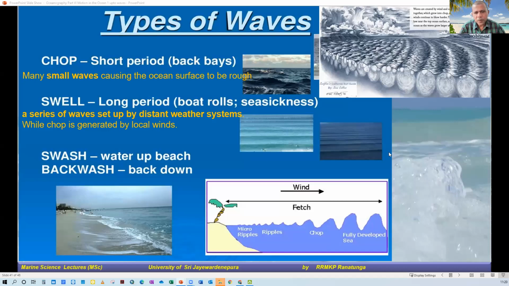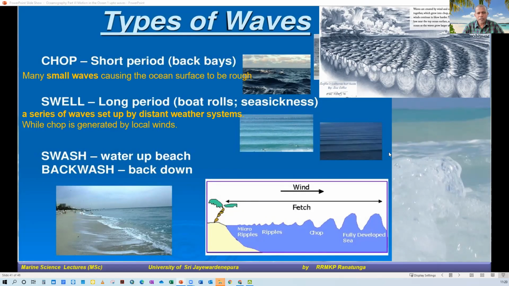Now, with that, let's talk a little bit further. Now we know these different types of breakers, but even the waves can be a little different from one place to another, right?